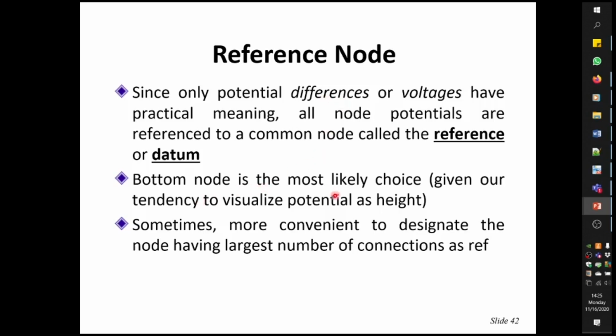The bottom node is the most likely choice. Usually when we do circuit analysis, we typically consider the bottom node to be the reference node. We also sometimes call it the ground node. The reason is our tendency to visualize potential as height.